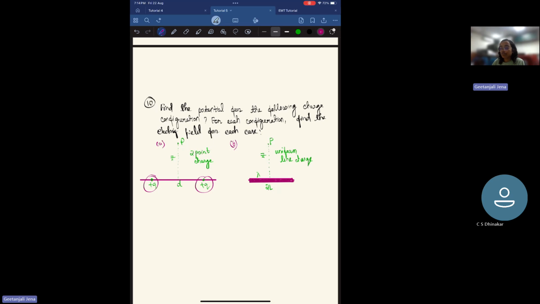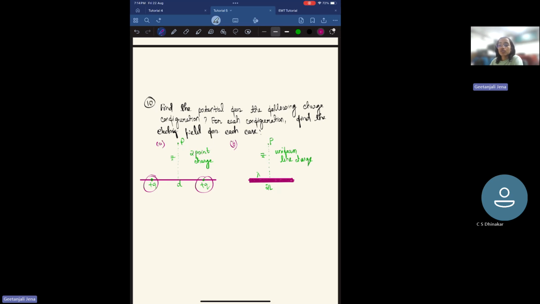Because electric field is a vector quantity, we need to take care of the unit vector that we are considering whenever we are doing the integration. But potential is a scalar one. You can calculate the electric field by using the conventional method, taking a small area element, then integrating it to find the electric field.